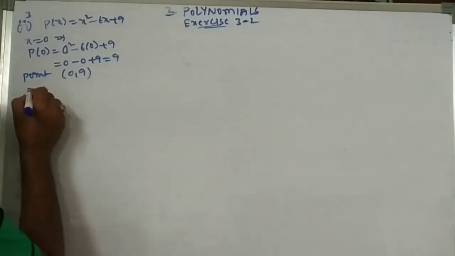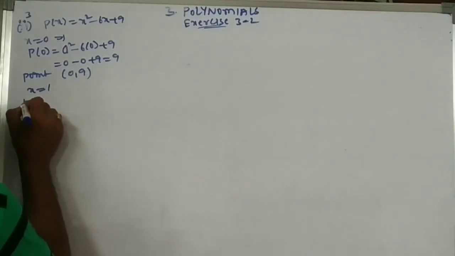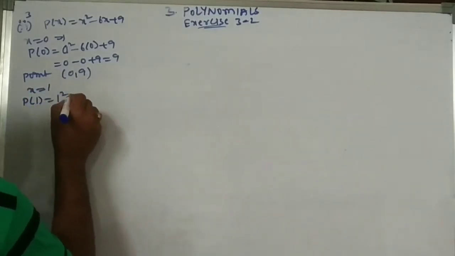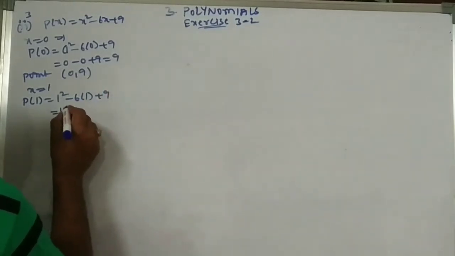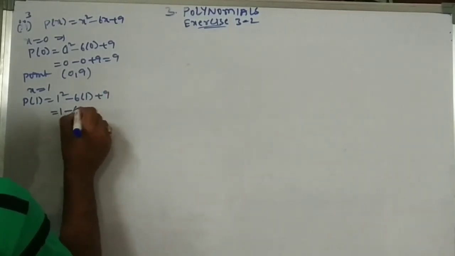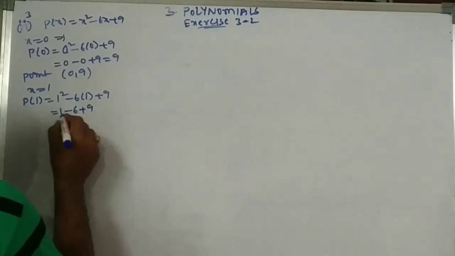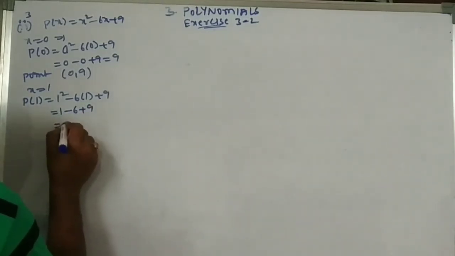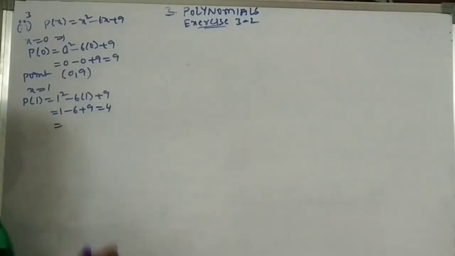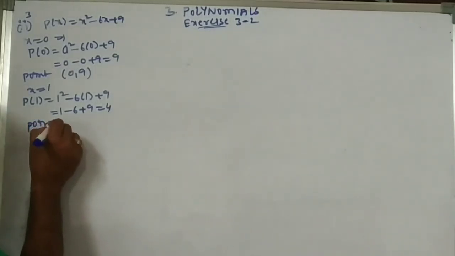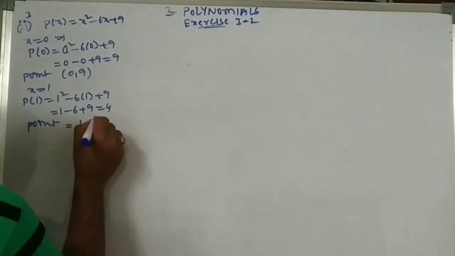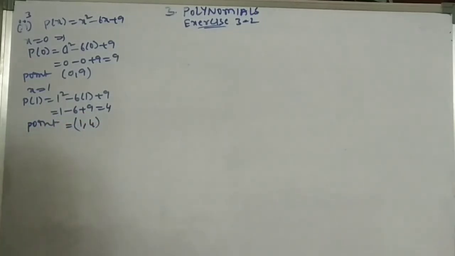Next, x equal to 1. P of 1 equal to 1 square minus 6 into 1 plus 9. 1 minus 6 plus 9. 1 plus 9 is 10, 10 minus 6 is 4. So the point is 1 comma 4.